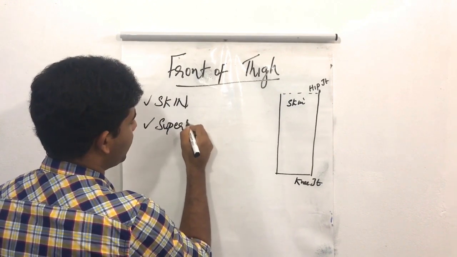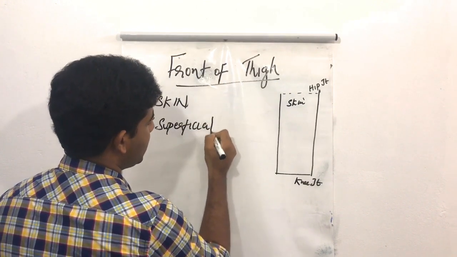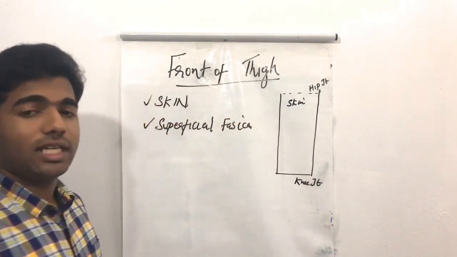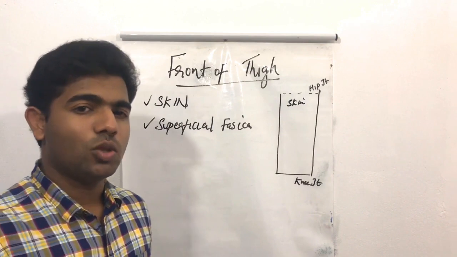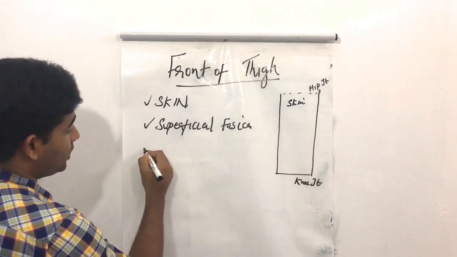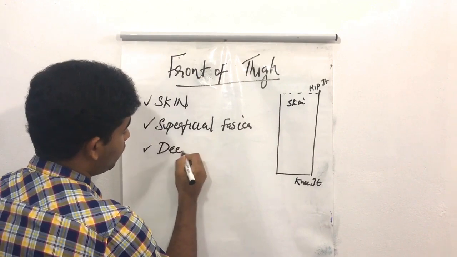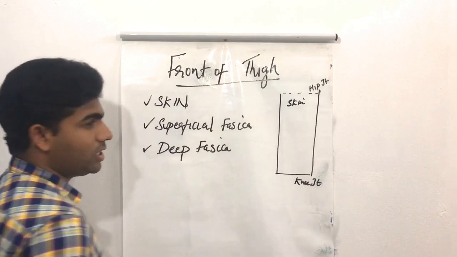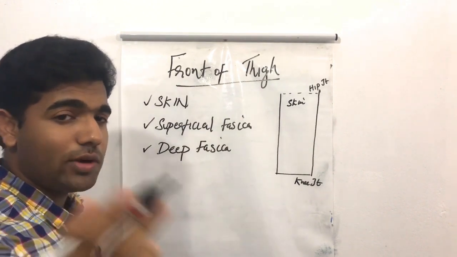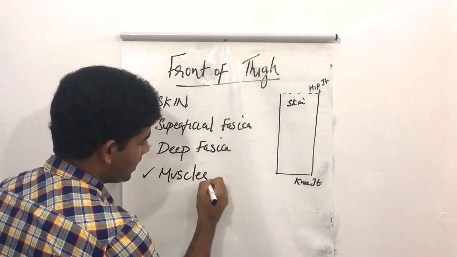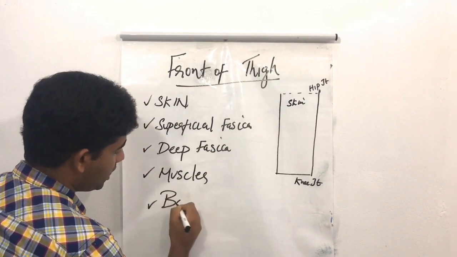I hope you remember what fascia is. Fascia is like a balloon. It covers the whole body. Immediately below the skin you have the superficial fascia, and just below that you have the deep fascia. Then you have the muscles, and finally you have the bone.